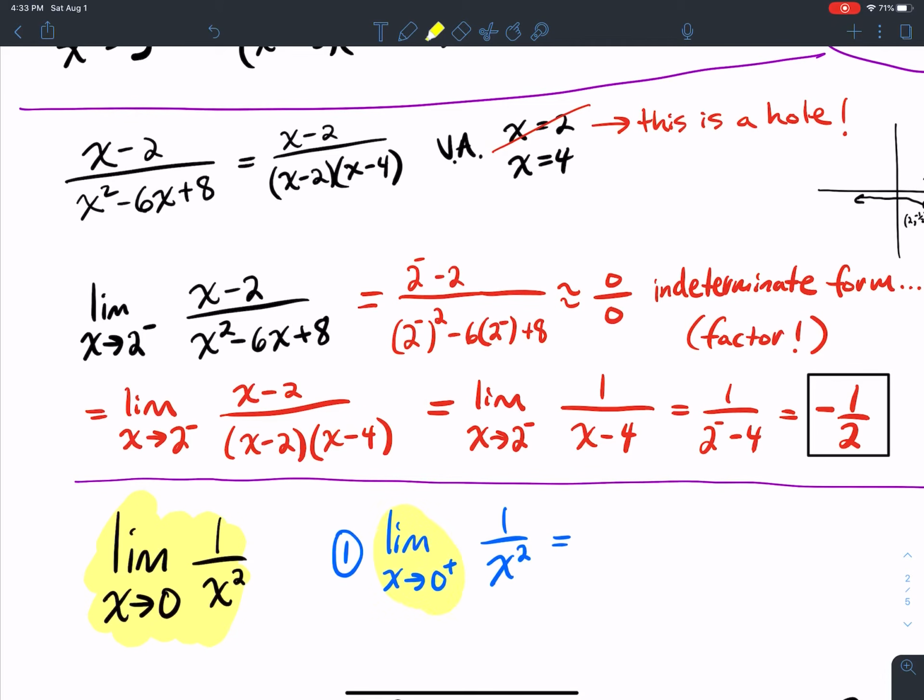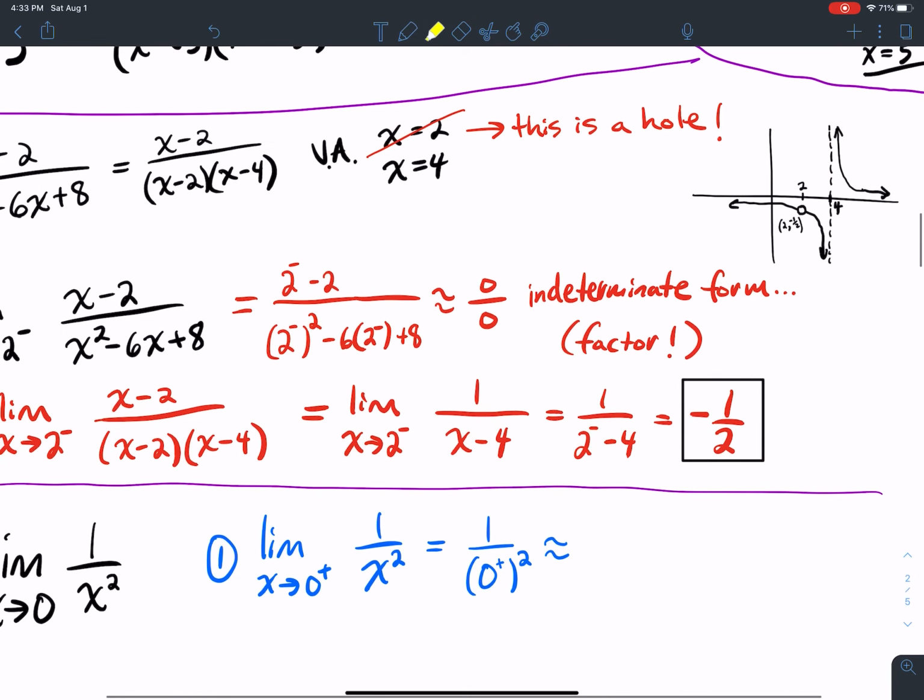So for the right-hand limit, I go on the right side, so I plug in a positive 0. 1 over a positive 0 is infinity, but 1 over a positive 0 squared is like infinity squared, a really big number, so this is definitely going to infinity.